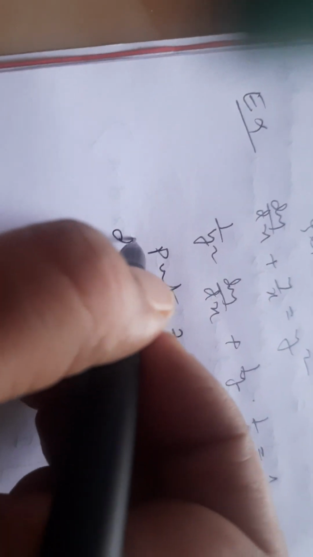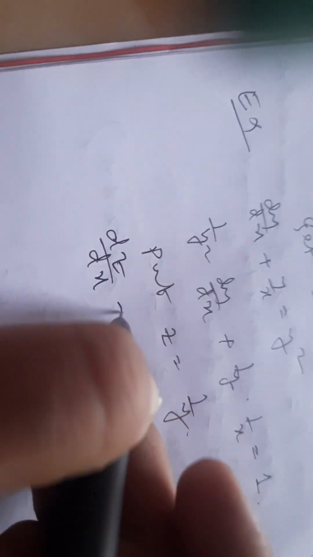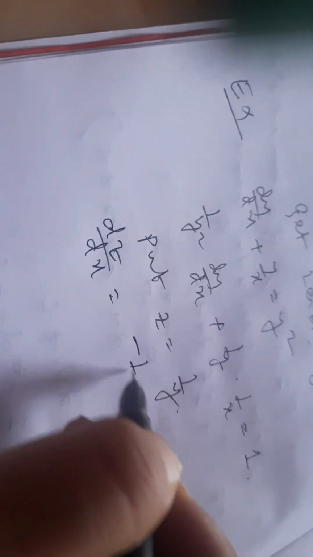And then we will find dz/dx, which is minus 1 by y square dy/dx, or 1 by y square dy/dx is equal to minus dz/dx.